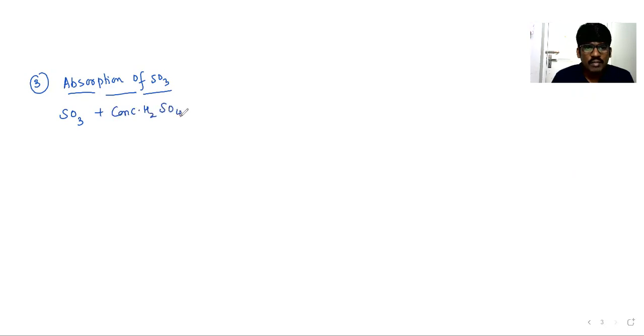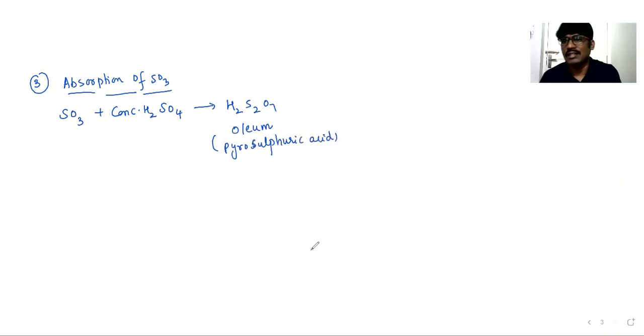The concentrated H2SO4 absorbs the SO3 and forms H2S2O7, which is called oleum or fuming sulfuric acid, also said to be pyrosulfuric acid.